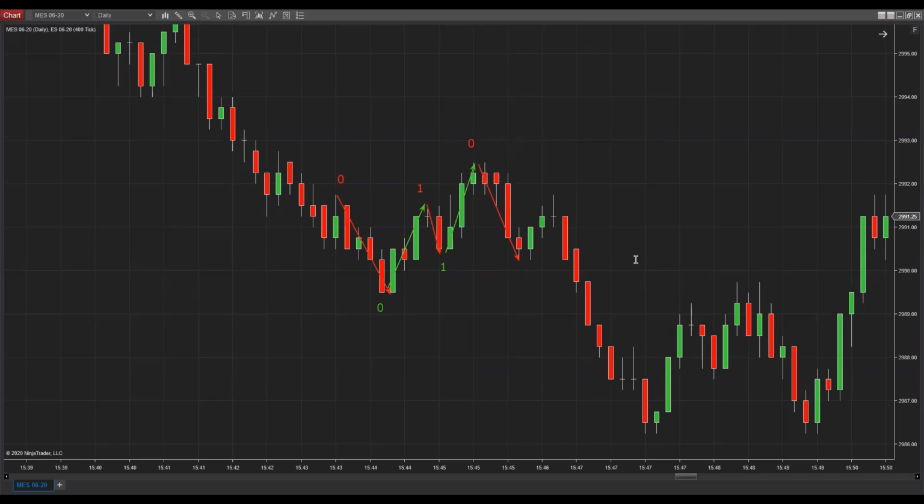If you remember the rule, the legs continue counting if the pivot high is lower than the previous pivot high on the down legs. Here, the pivot high is higher than the previous pivot high. And so we've reset the counting and we're back to 0.